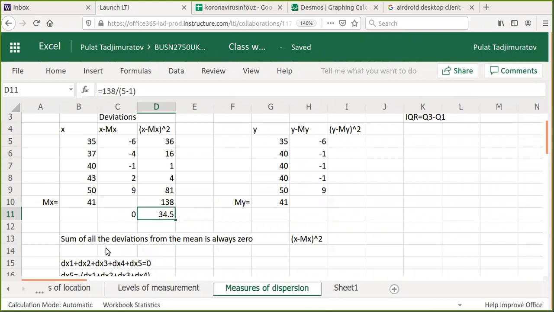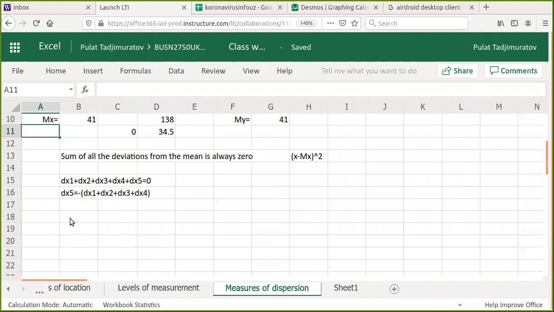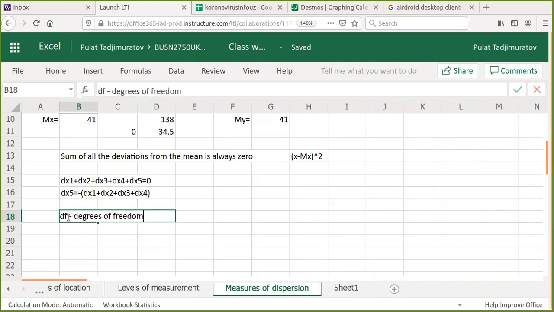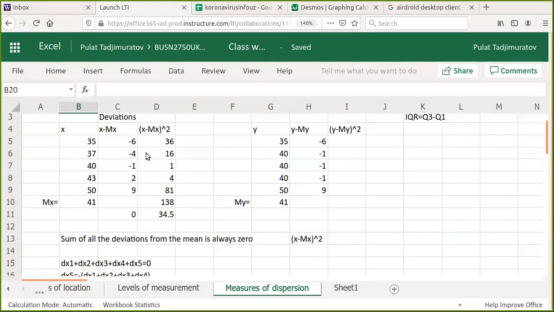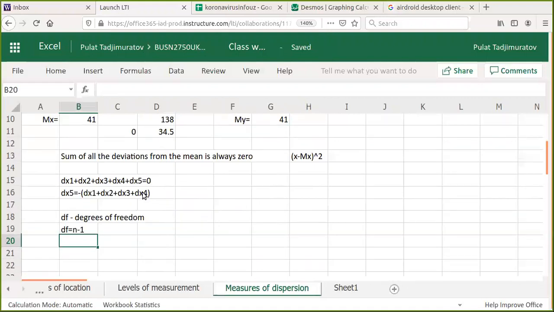So that's the reason. So let me put it somewhere here. We have a thing that's called df, degrees of freedom, and it's equal to the number of all the entries minus 1 when we are calculating the deviations and so on. There will be cases where it will be minus 2 or minus 3 because you will have more conditions than just this one.